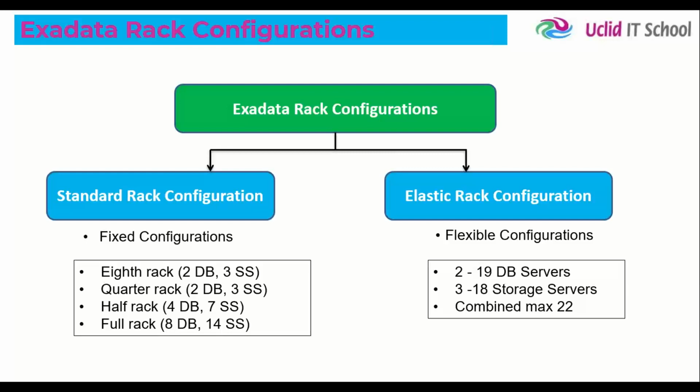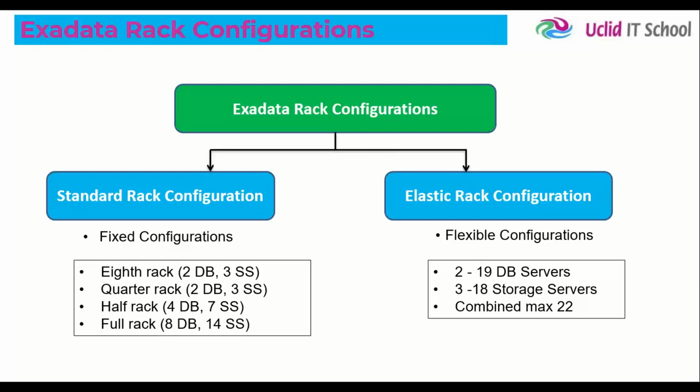Okay. So now you might ask me a question: what is the difference between 8th rack and a quarter rack? Because in terms of number of servers, both have the same number of servers, 2 database servers and 3 storage servers. Actually, the difference here is not in terms of number of servers, because both come with the same number of servers.